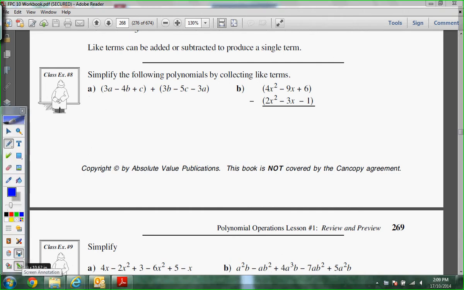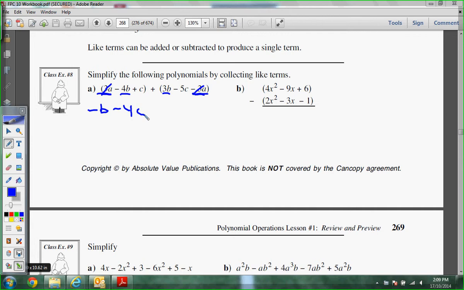I have 3 A's, and I'm adding negative 3 A's. 3 plus a negative 3, they cancel. I have negative 4B plus 3B, that's negative 1B. C plus a negative 5C is negative 4C. So your answer would be negative B minus 4C.